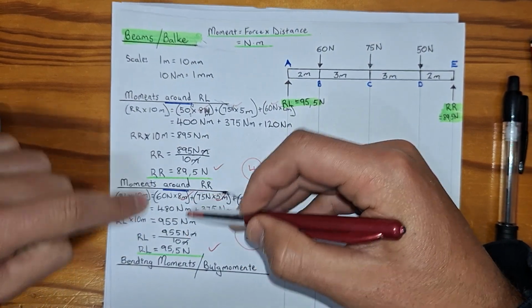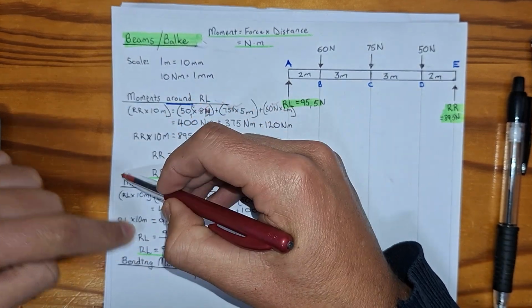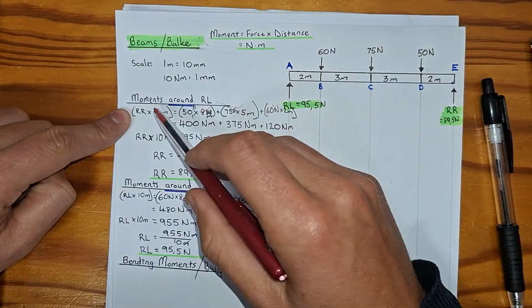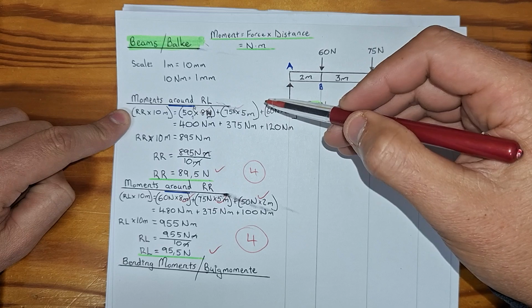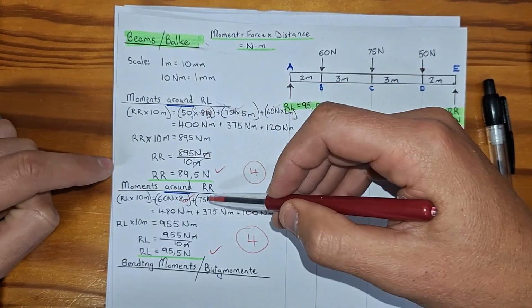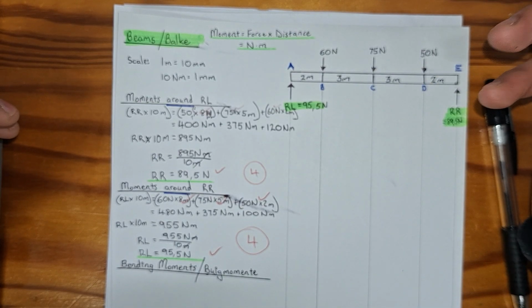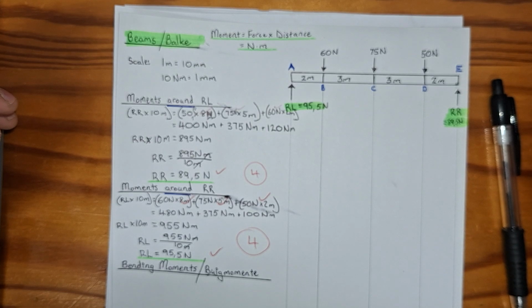If these two are swapped around and you labeled your question numbers according to how they asked it, but you didn't keep in mind that in order to calculate reaction right, you are working around reaction left, unfortunately you might not get those marks, because the marker only marks strictly according to the question number and the calculation that you did under that question number. So just be careful of that.